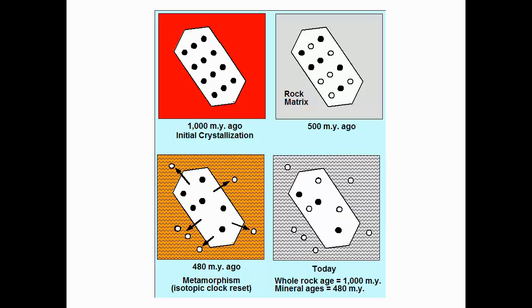What would the whole rock age then reflect? Yeah, the whole rock would give us the age of the initial crystallization, because we're not only counting the daughter isotopes in the crystal, but also the daughter isotopes within the matrix.